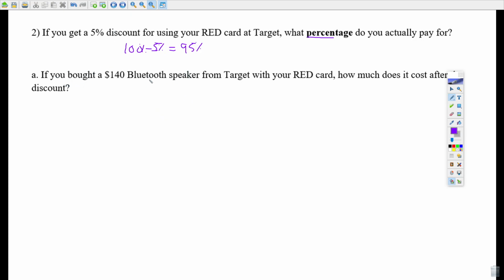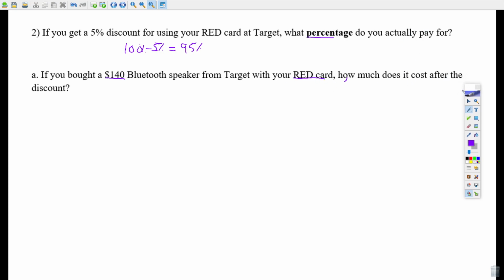Okay, knowing that, let's apply that to this next question. If you bought a $140 Bluetooth speaker from Target using the red card, how much does it cost after the discount? So our discount was 5%. We know it means we're paying for 95% of it. So we're going to take 140 times 0.95.